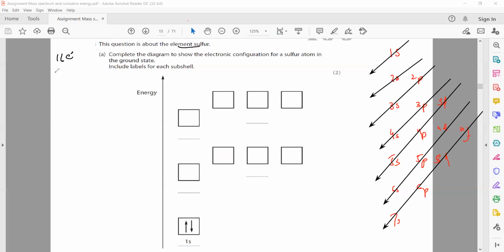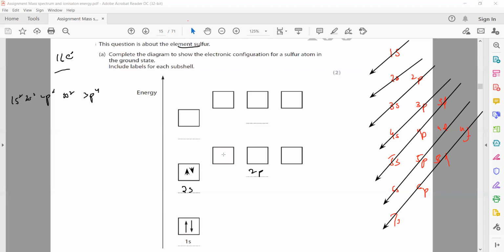So for the 16 electron sulfur atom, how are the 16 electrons arranged? It will be 1s2, 2s2, 2p6, 3s2. So we arrange up to 12, and then 3p4 will be there. So this is 1s. Then 2s will have 2 electrons, clockwise and anti-clockwise. Then the 2p subshell is divided into 3 orbitals, 2px, 2py, 2pz.